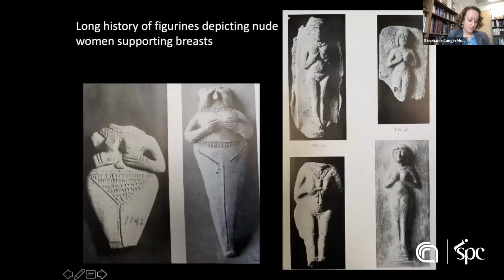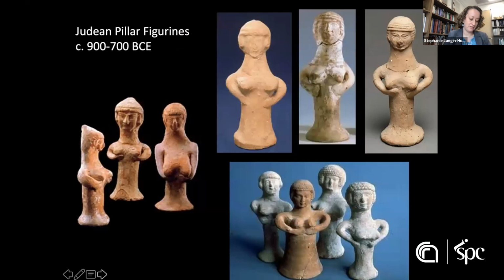So to briefly illustrate my point, I see here the example of figurines depicting nude women supporting their breasts. This motif had a long history in Mesopotamia, as you all know, as well as in other regions of the Near East and Mediterranean, and several of you have already talked about such figurines.